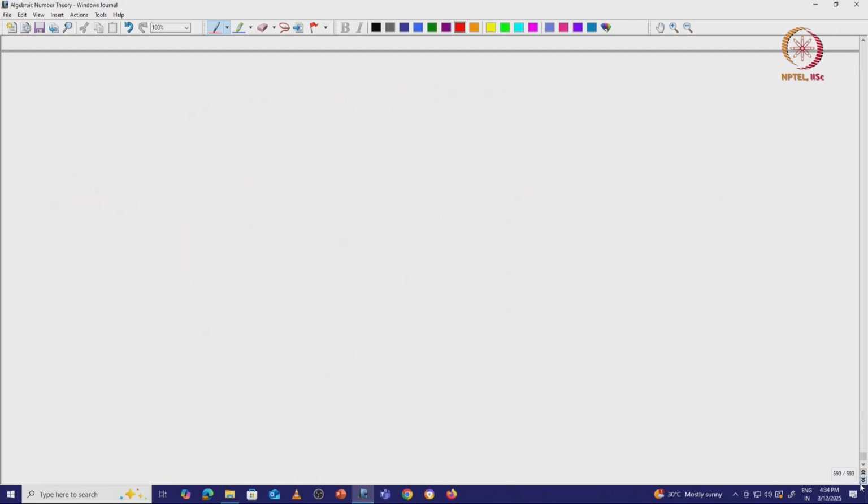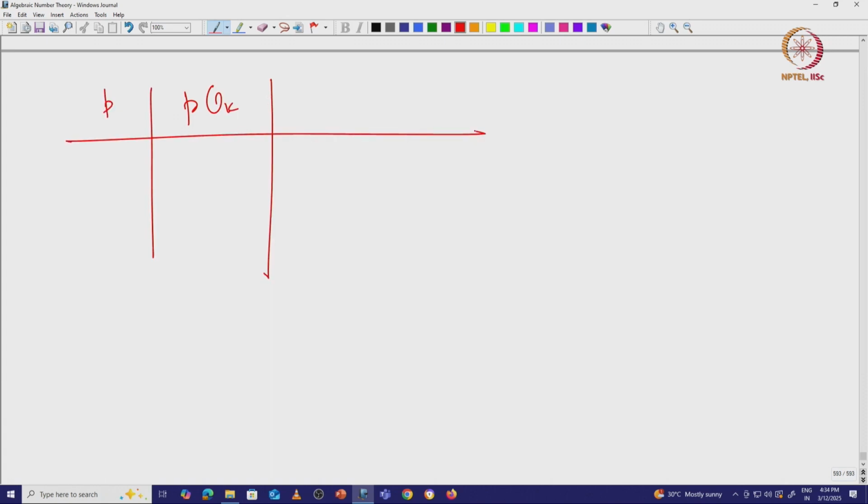So, I need to compute what p times O_K is in the following cases. So, for p, I look at x cubed minus x minus 9 mod p. So, if p is 2, then this is irreducible as we just saw.